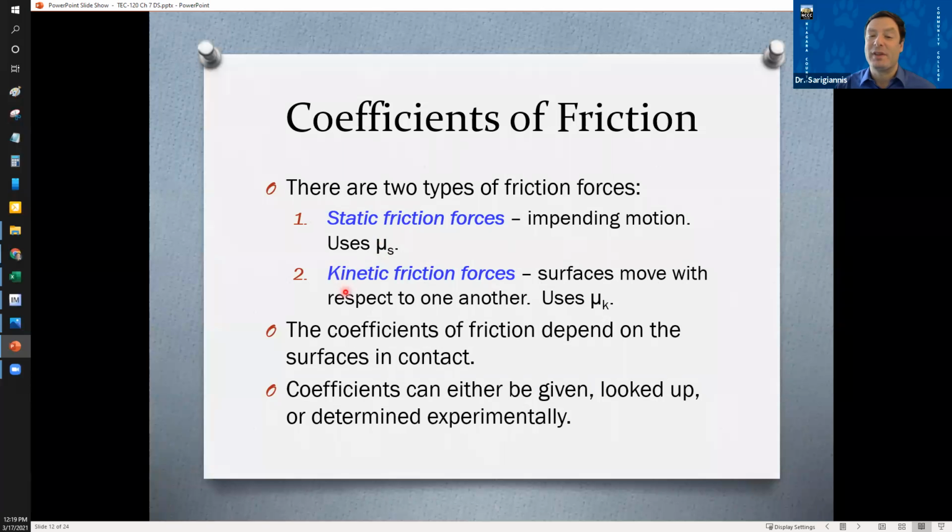So static friction is what you need to overcome to get this thing moving. Kinetic friction is when you have surfaces moving with respect to one another already. This is mu sub k. So not only do they depend on the surfaces in contact, they also depend on whether the surface is moving or not. Now, most of the time, you're going to be given the coefficients of friction.